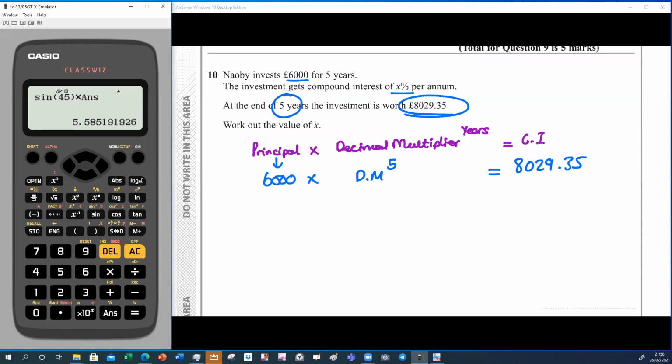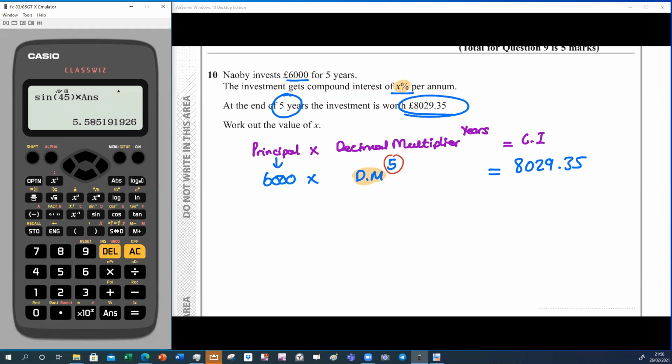Okay, lovely. So how do we work out the decimal multiplier which contains the X? How do we get to the DM? Can you lead us through the steps, please? Tell me the steps, please. So DM is being put to the power of 5, then it's been times by 6,000.